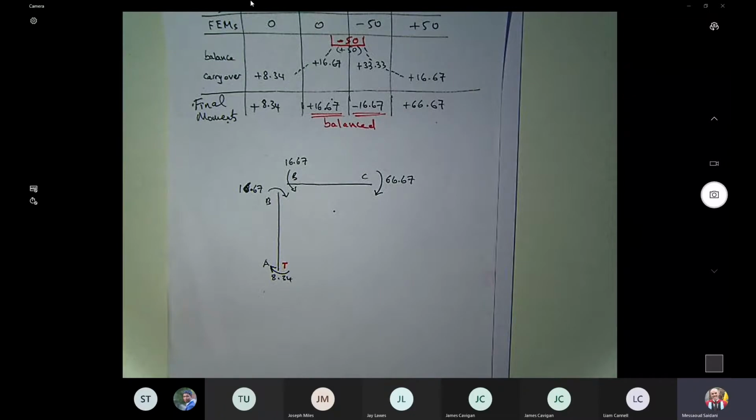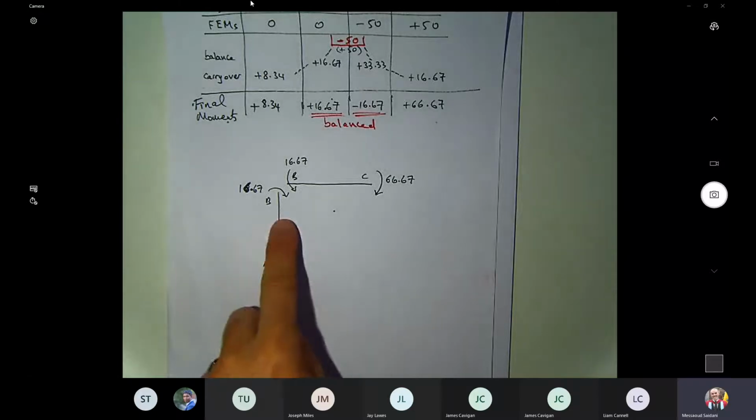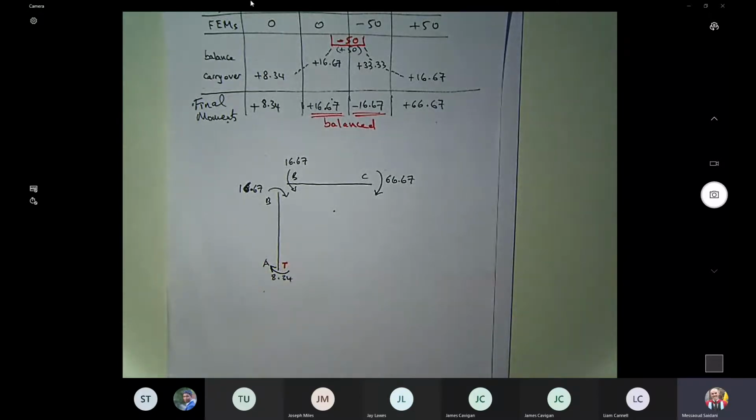This is the column, and you can see the bending moment is going this way. If it's going this way, can you see that it makes this side in tension? Agreed, everyone? At the top, we've got this moment this way, so the tension is on this side.